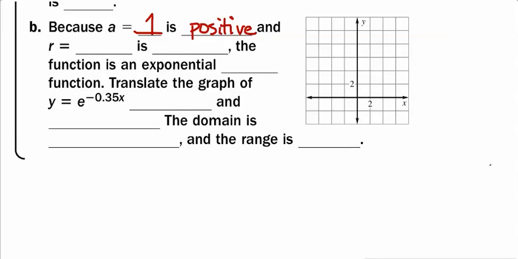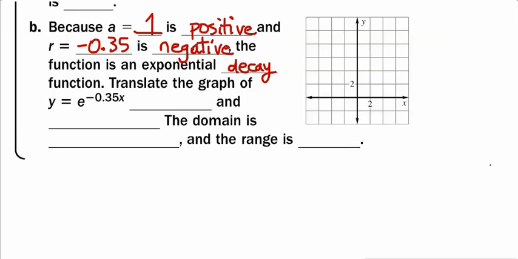And R equals, and in this case, x is multiplied by negative 0.35, and that's a negative number. The function is an exponential decay function. So again, you've got a negative number in the exponent, but a positive coefficient in front, exponential decay.